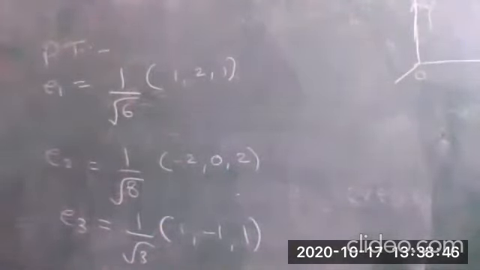Now what is our aim to prove? These E1, E2, E3 form a frame field at a point P of E3 space.